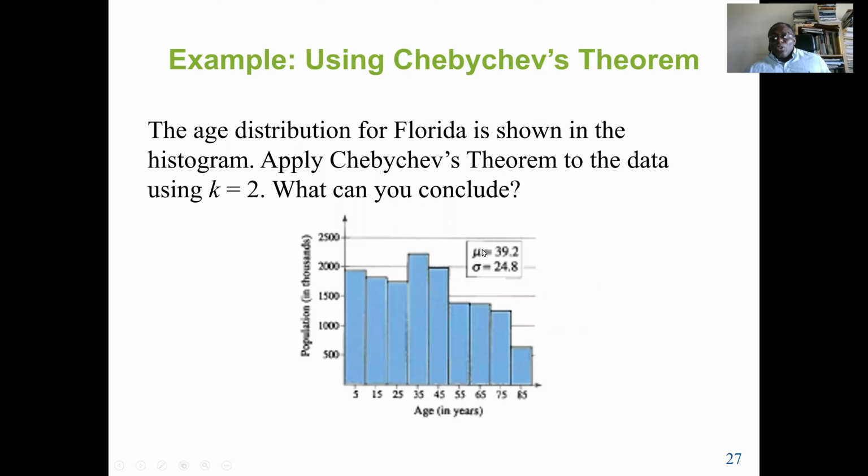For 1 standard deviation, we get 39.2 plus and minus 24.8. The solution gives us the beginning and the end of 68%.